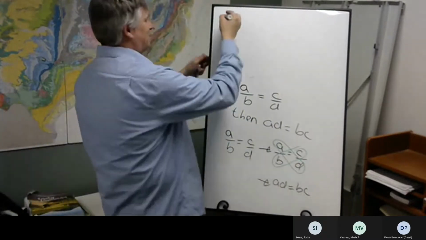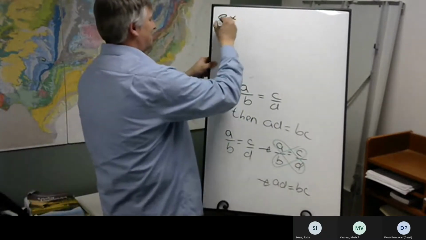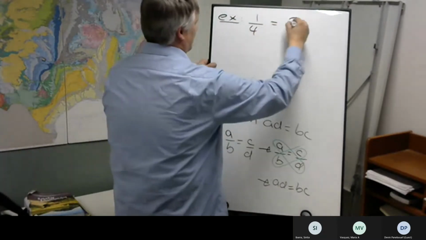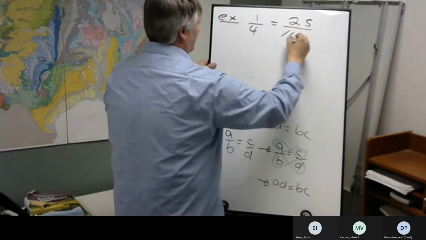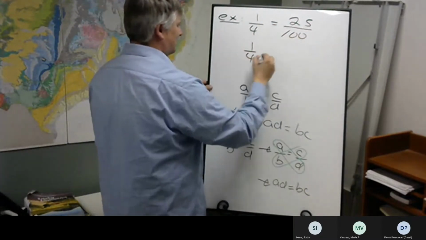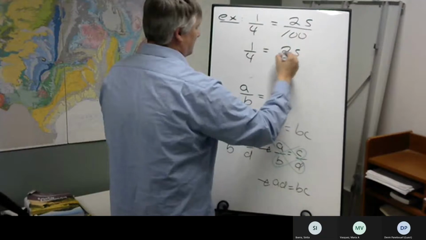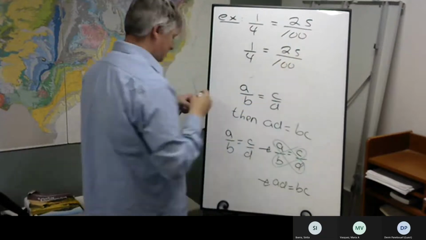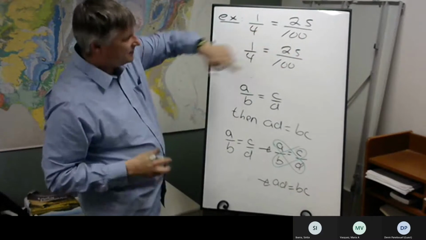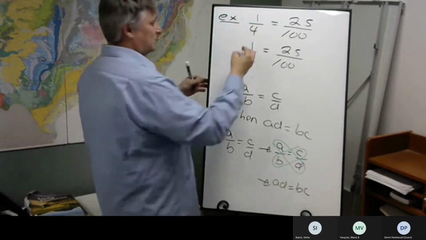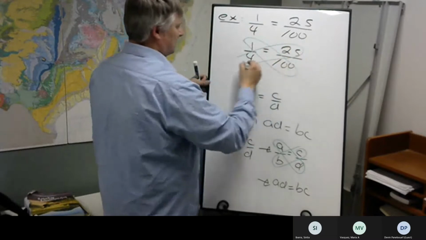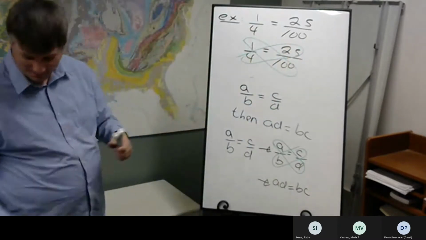Let's go back to this. So this is A and B, C and D. So we can think of cross multiplication like so.